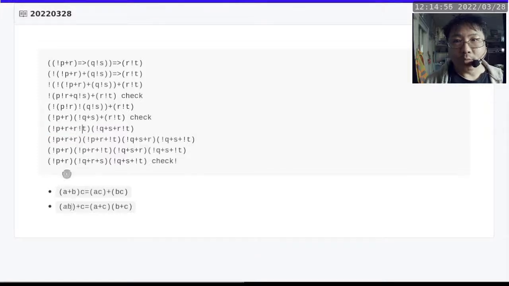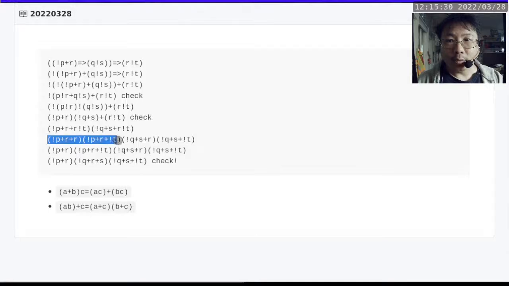So this time what you do is you look at P or not P or R, look at this junction here as C, and then you look at R as A, and then you look at not T as B. So now we apply the same distribution, which is the one that Nathan just quoted. It's this one here. So once we apply that, this side becomes this thing here, and then the other side obviously becomes the other side.